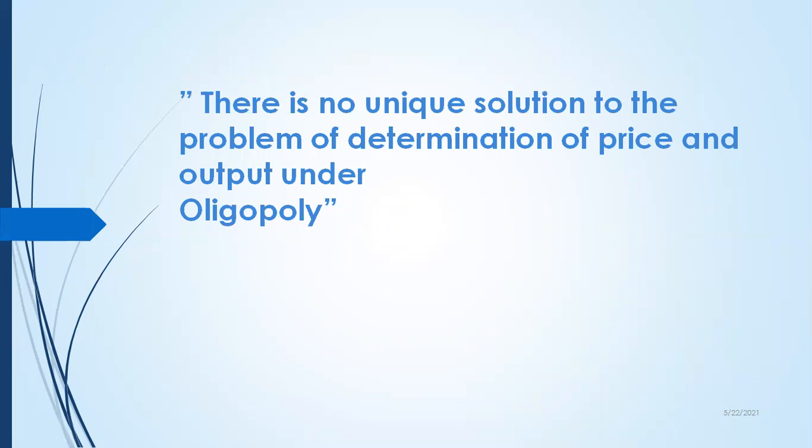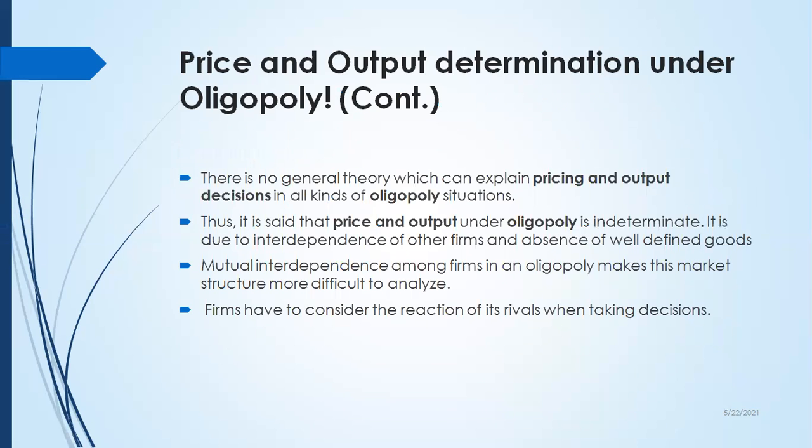Let's look at whether there is a unique solution to the problem of determination of price and output under oligopoly. For price and output determination under oligopoly, we can't see a general theory which can explain it, because price and output under oligopoly are indeterminate. This is due to the interdependence of firms and the absence of well-defined goods. Mutual interdependence among firms in an oligopoly makes this market structure more difficult to analyze.